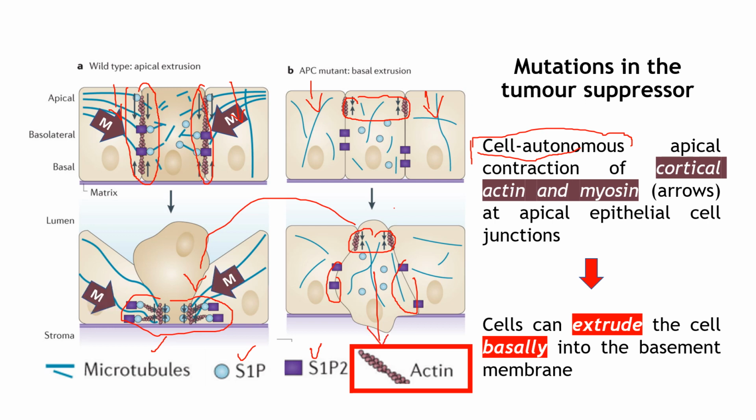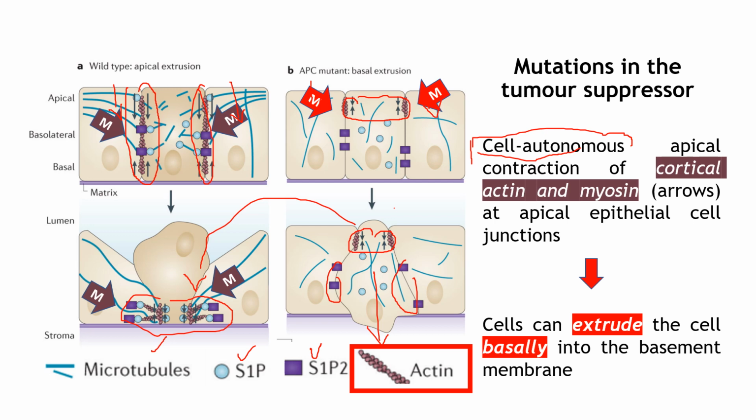And key thing, this seems to be very atypical for vertebrates. However, in flies, in the epithelia we generally study in flies, this is how things happen: there is a cortical actin and myosin band that is going to constrict the cell apically, and the cell is going to be removed basally.